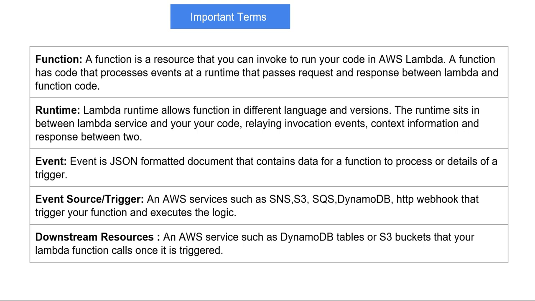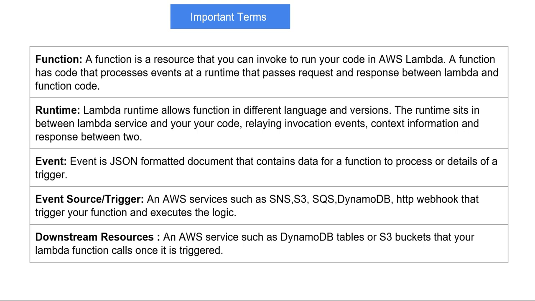So S3 storage is an event source or trigger to the Lambda function. If we are writing a Lambda function that is about to be invoked on the hit of a webhook or web URL, then that webhook or the function URL is an event source or trigger for the Lambda function.